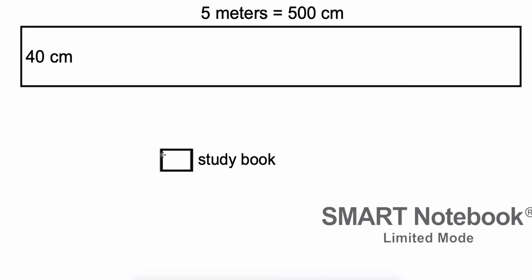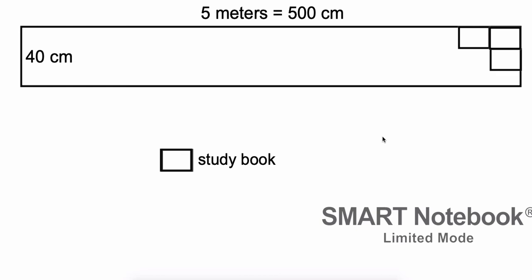So I could try to think, how many study books can I actually fit in this roll of bubble wrap? So if this is the size of one study book, maybe I can try and see how many times I can fit a study book, and so on and so on. So mathematically, you might want to think about the area of the study book, so how many times I can fit it in the area of the bubble wrap roll.